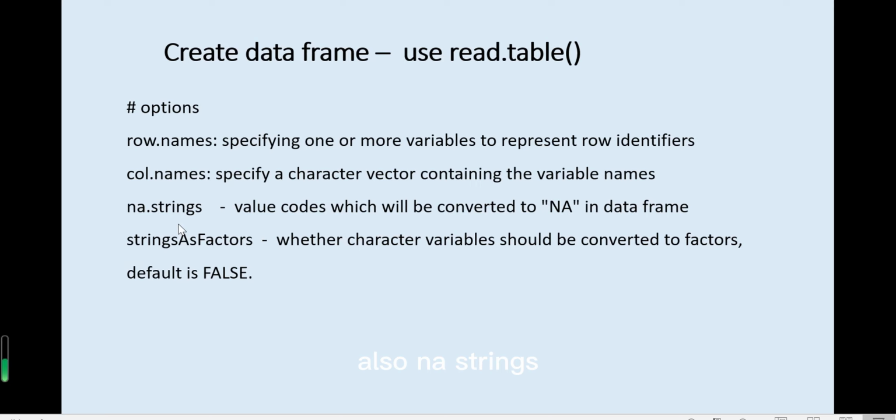Also, na.strings specifies which values in the original file are converted to NA, meaning not available. And stringsAsFactors specifies whether character variables should be converted to factors; the default is FALSE.